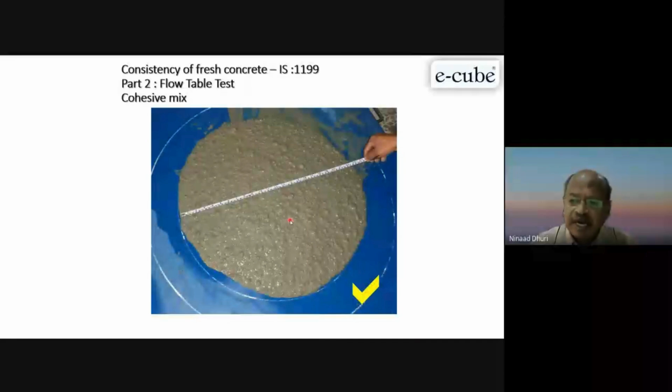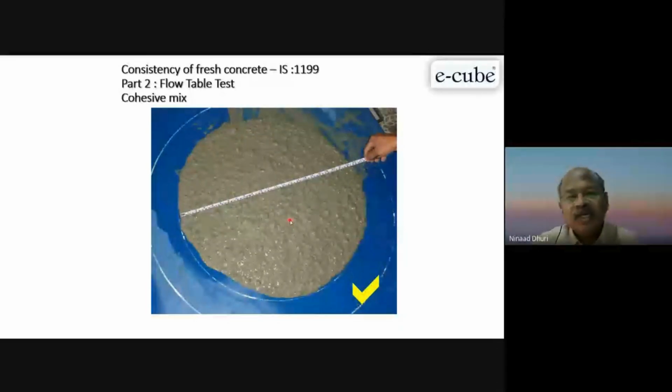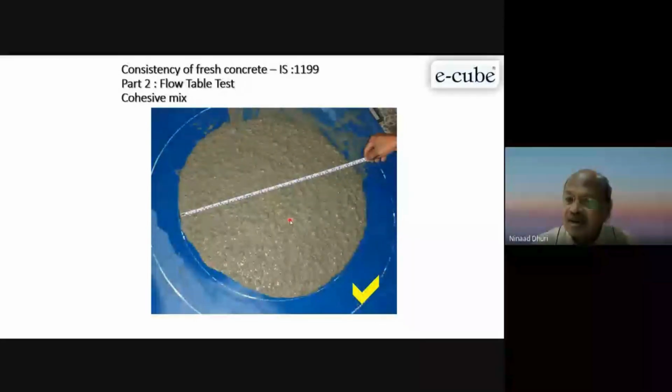And there the type of admixture to be used is totally different from what we use for normal construction, because there we are looking at a slump of about 25-30 mm, or 20 mm rather. So one has to understand that, and accordingly design your concrete.